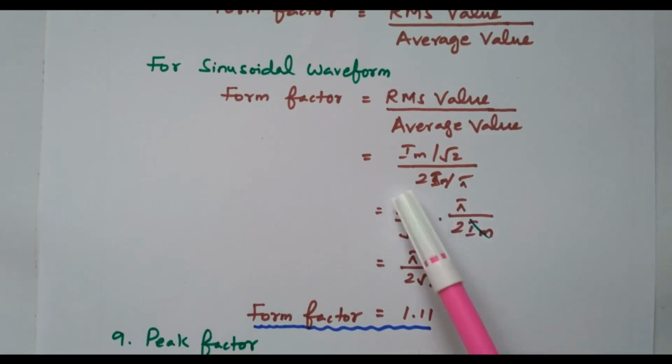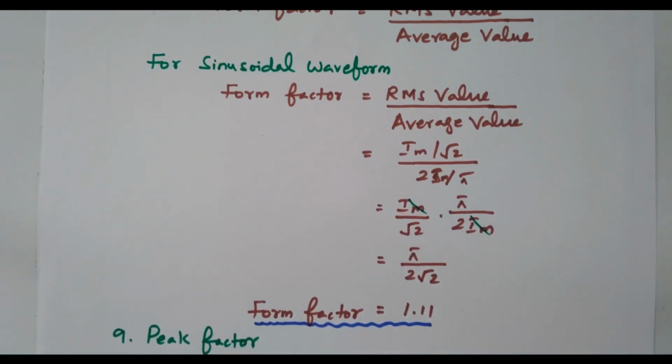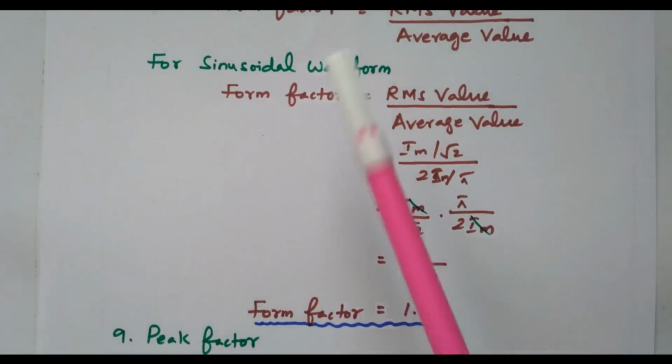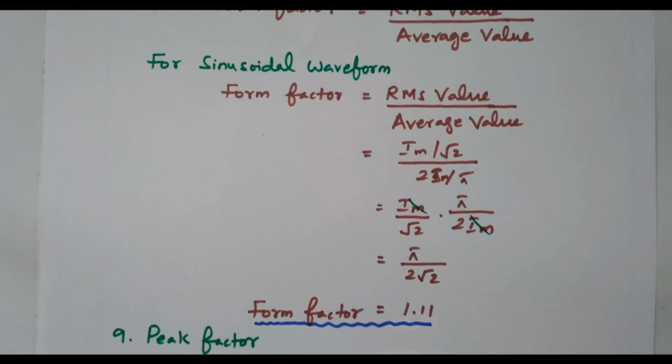So this Im got cancelled. What we have is pi divided by 2 root 2, which by simplifying is nothing but 1.11. So for a sinusoidal waveform, the form factor is 1.11.